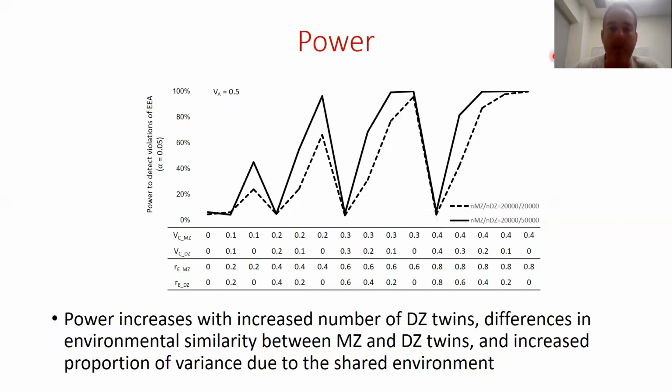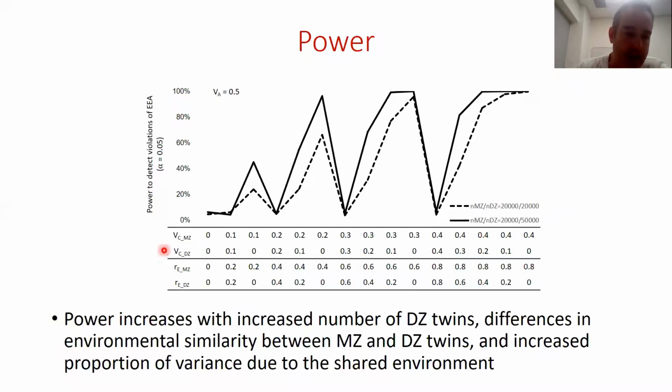Okay, so this graph is just looking at some of the properties of the model. In this case, it's looking at the power to detect violations of the equal environments assumption. So power is on the y-axis. On the x-axis, we've just put up the two different formulations of the model.